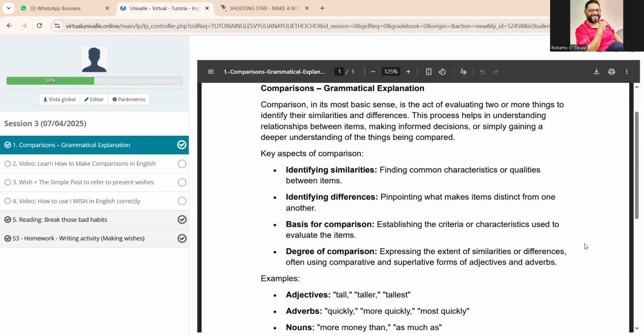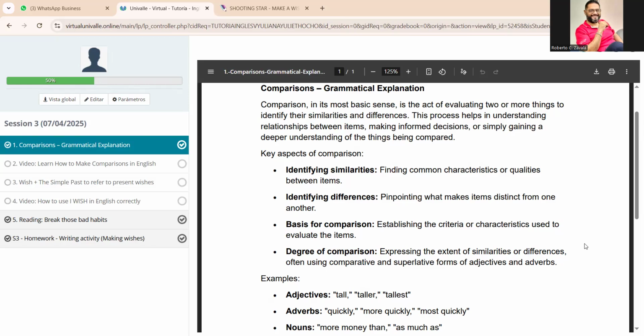Key aspects of comparison: identifying similarities, finding common characteristics or qualities between items; identifying differences, pinpointing what makes items distinct from one another; basis for comparison, establishing the criteria or characteristics used to evaluate the items; degree of comparison, expressing the extent of similarities or differences, often using comparative and superlative forms of adjectives and adverbs.